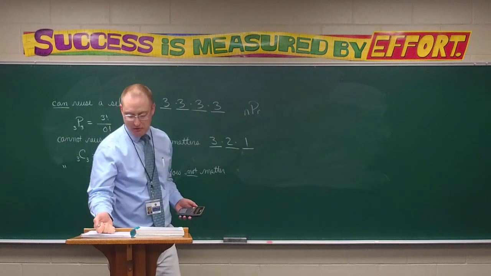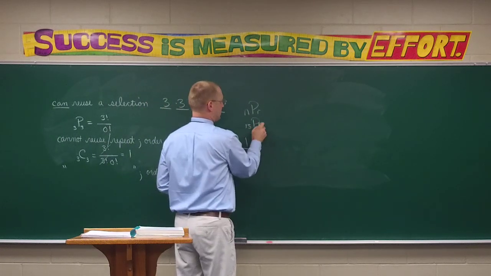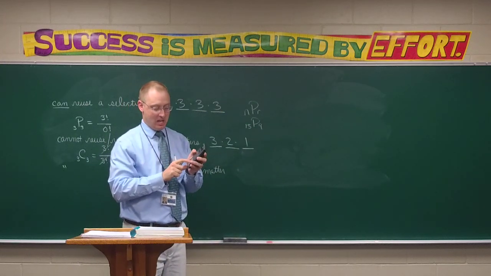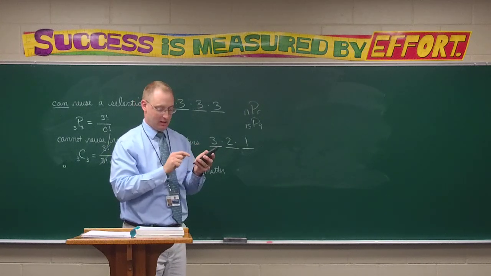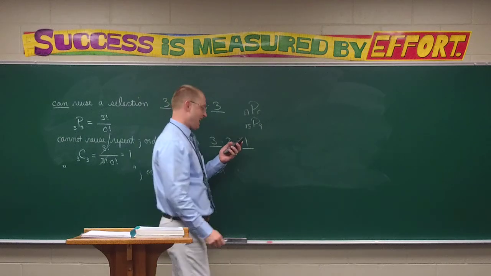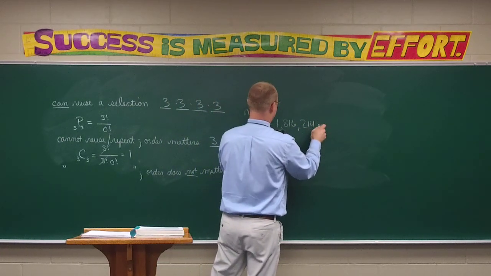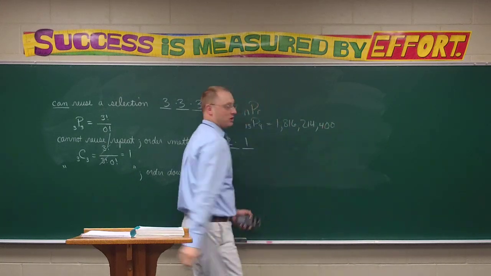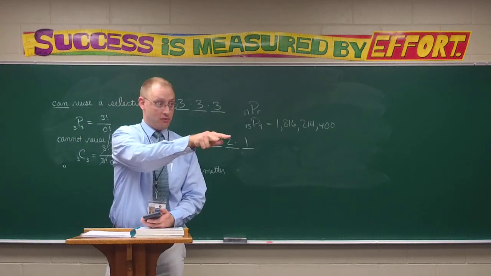So look at number 15. It wants a permutation of 15 choose 9. What I've done is 15, second function 9, 9, equals. And it does the whole process for me. That would be 1,816,214,400.